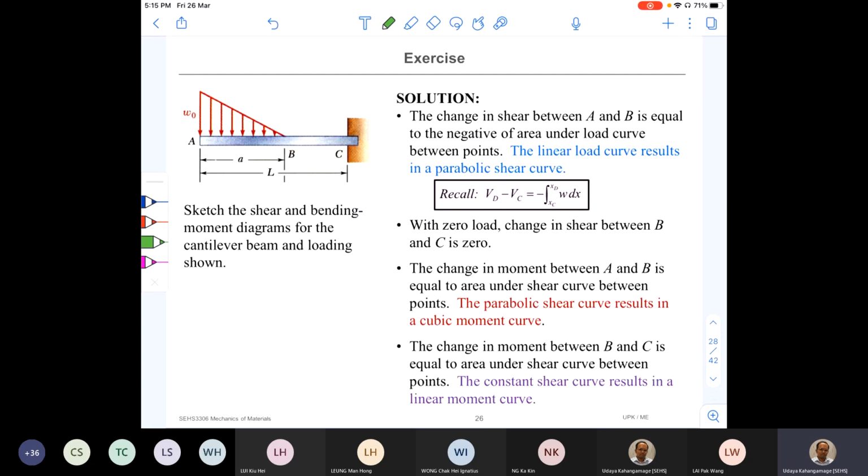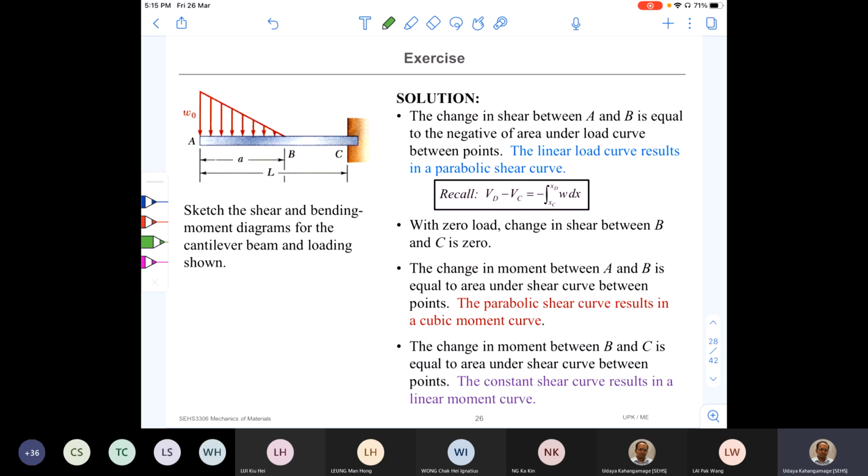Because it's a different kind of question. Now, for this exercise, we are going to use the new method that we just learned. That is developing the shear force and bending moment diagram using the knowledge of the relationship among shear force, bending moment, and the load curve.